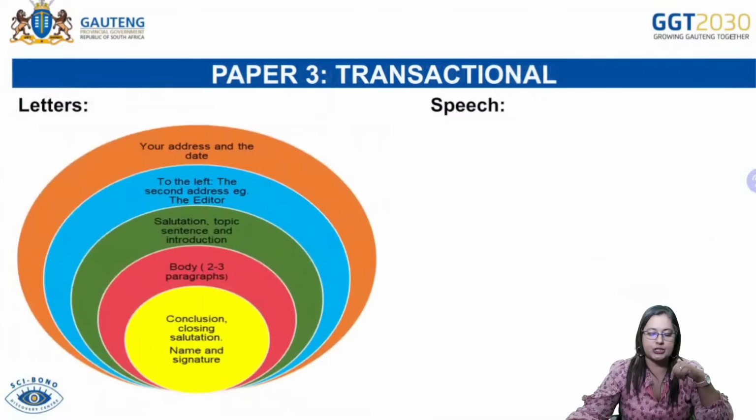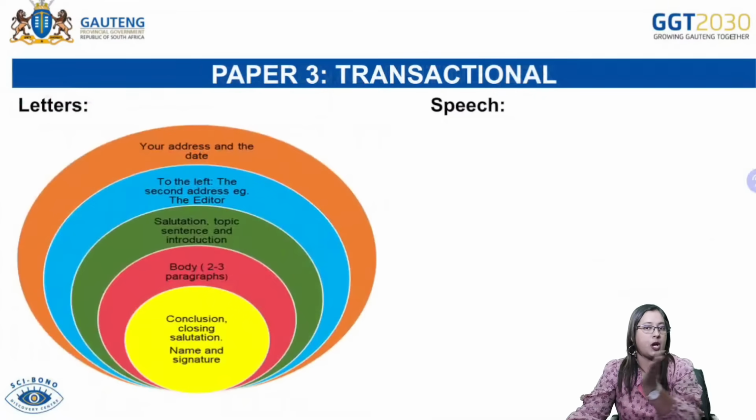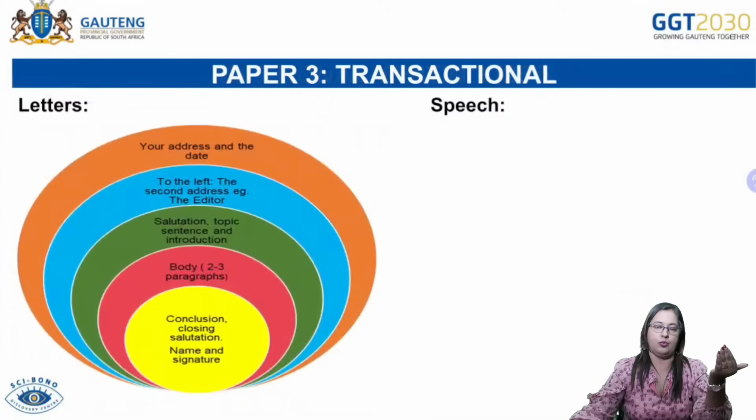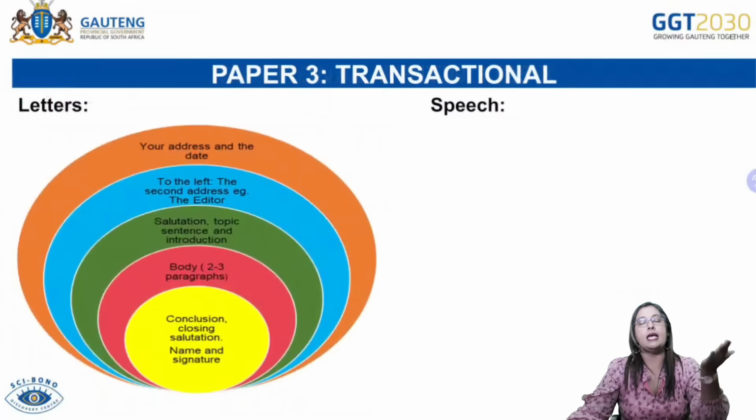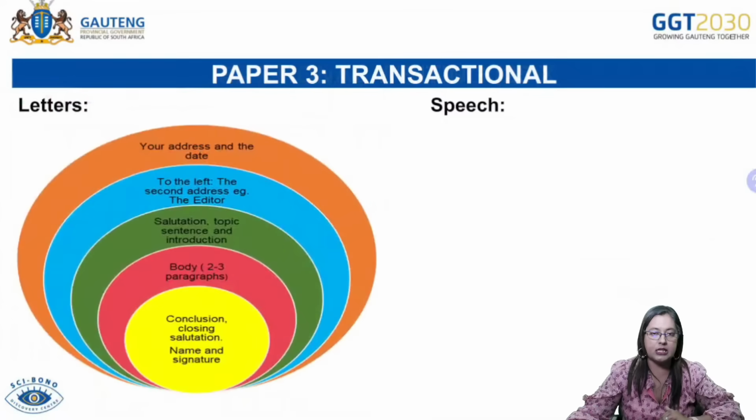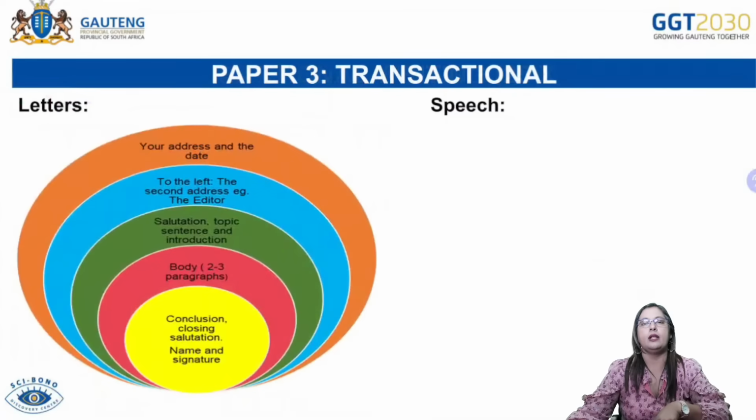Then your salutation, where you've got the topic sentence for what is the reason for this letter, and then paragraph 2, 3, and 4, for example, will be the body of the letter. In other words, the meat of what you want to say there, and then the conclusion, last paragraph, and underneath that will then be your closing and your name and surname there.